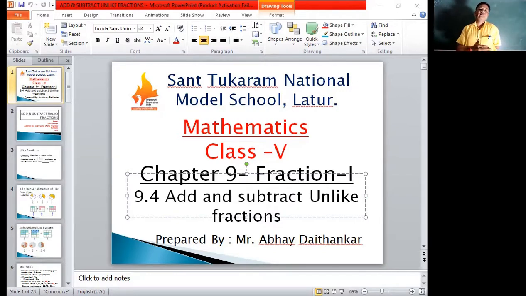Now, if I write down the multiplication table of 7, and the multiplication table of 5, and if I take the common multiples from both the tables, you can see that the multiples of 7 are 7, 14, 21, 28, 35, and 42. And the multiples of 5 are 5, 10, 15, 20, 25, 30, 35, and 40. Now, if I take 35, you can see that this number is common for both.